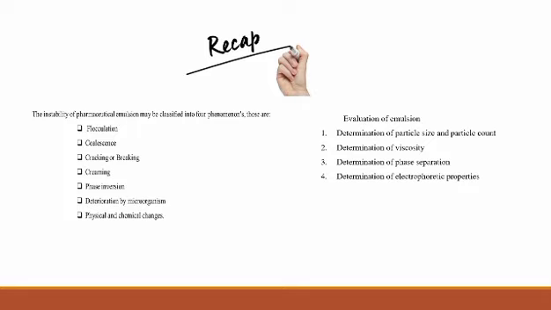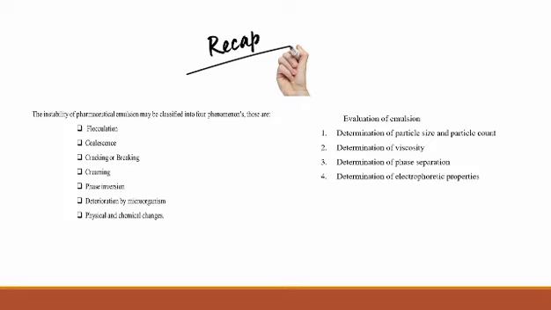Okay students, I hope in this video we have learned about the instability problems of emulsions, the evaluation techniques used to analyze the stability of emulsions, and some of the points we have to note while storing emulsions. Let's see a small recap.